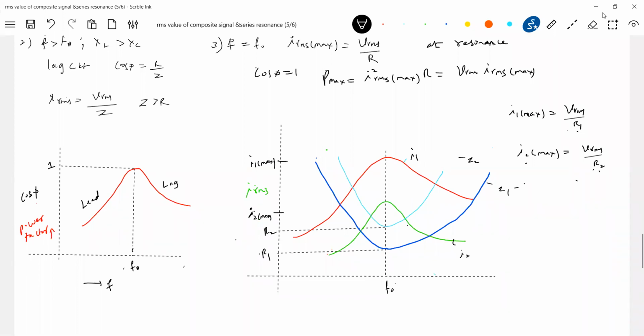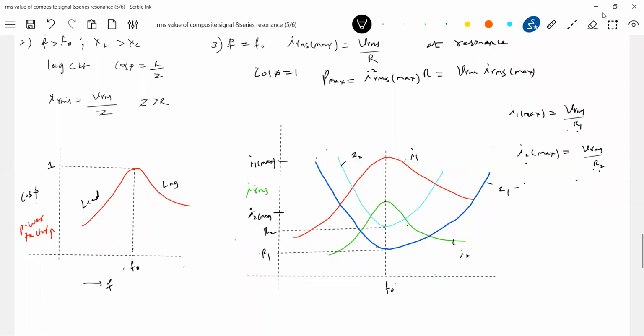If I vary the resistance, the graph curve is going to change. When Z2 equals R2, the curve will come and the current will be maximum, here this is I2. And when Z1 equals R1, then the current will be maximum, equal to I1 max. Is it okay?